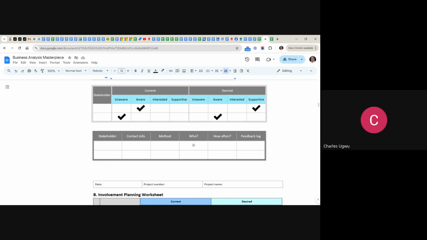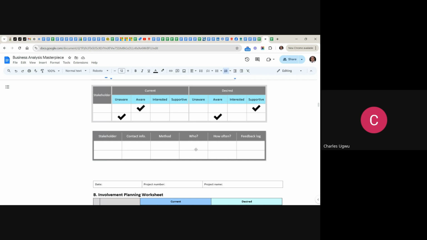And then in a team, whose responsibility is it to communicate to a particular stakeholder? There are some stakeholders that you know whom to go through, not you. Some people need to communicate with them. So you must understand who communicates to a particular stakeholder.